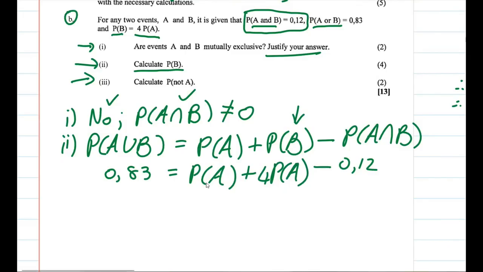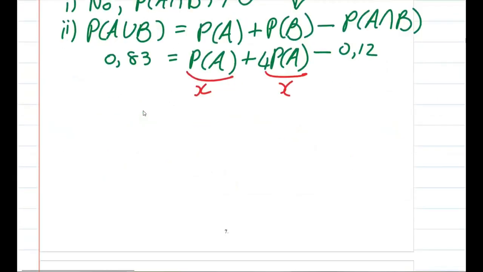So again, see the probability of A as X. So we want to go and solve for X. So with the 4 probability of A, would that be like 4 times X? 4 times X, yes. What's X plus 4X? That's 5X. So that makes this 5 times the probability of A, correct?